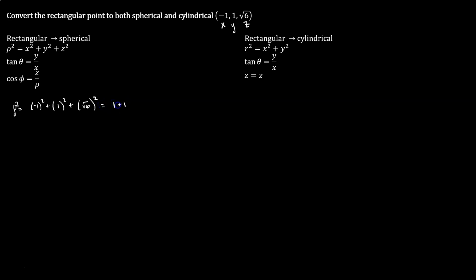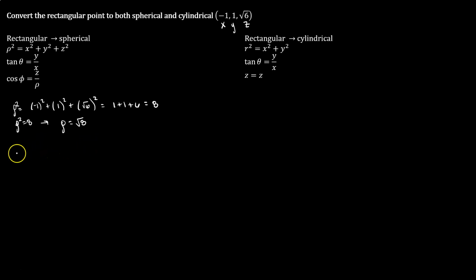So we get 1 plus 1 plus 6, or 8. Sorry, rho squared is equal to 8, which means rho is equal to plus or minus root 8. We're going to keep the positive version because that's the ideal way to describe the radius for a sphere.